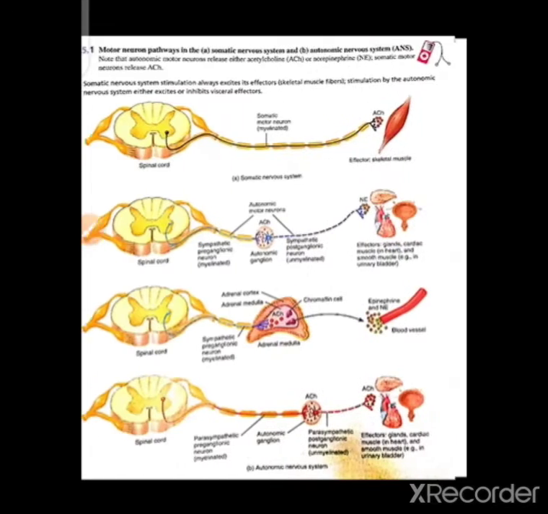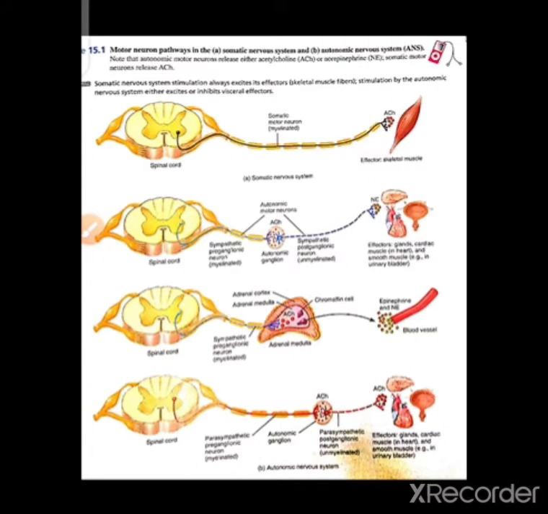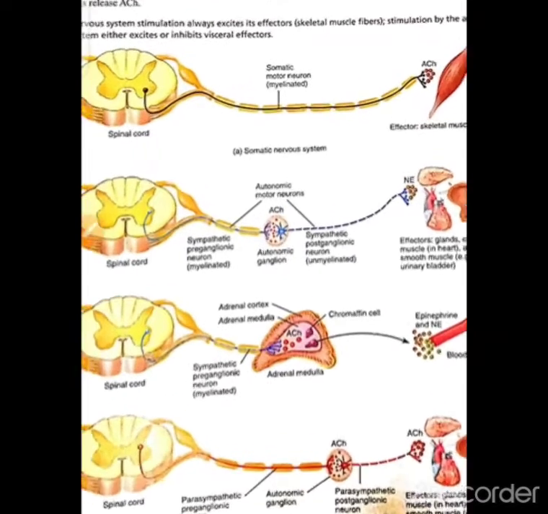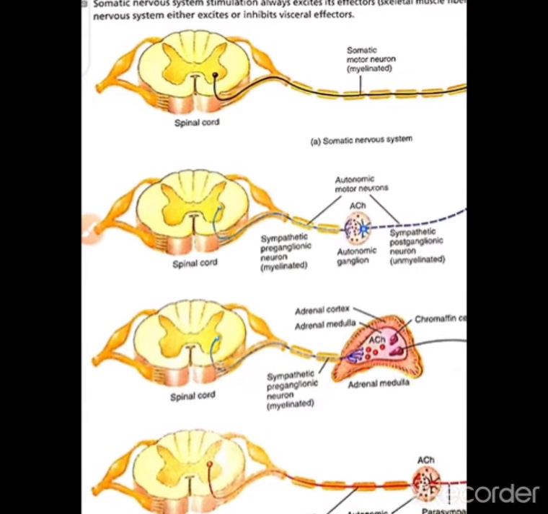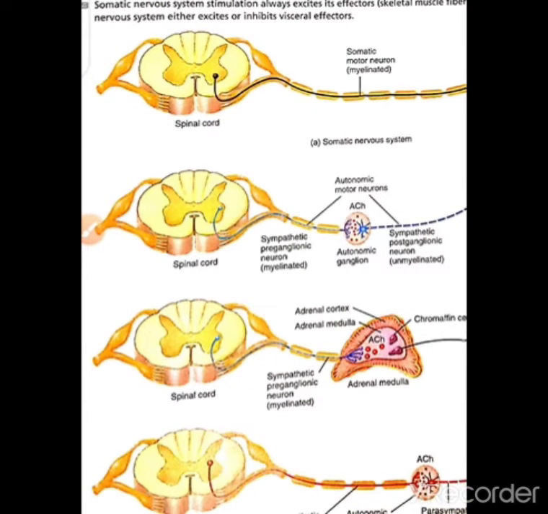Now we can see the various lengths of the chain of postganglionic fibers. Here you can see motor neuron pathways in the somatic nervous system and the autonomic nervous system. They are comparing the somatic and the autonomic nervous systems here.